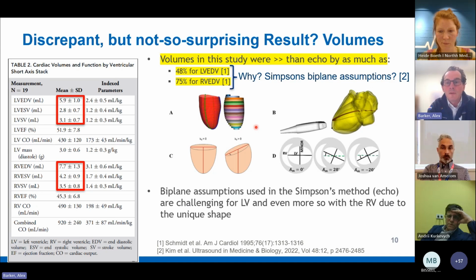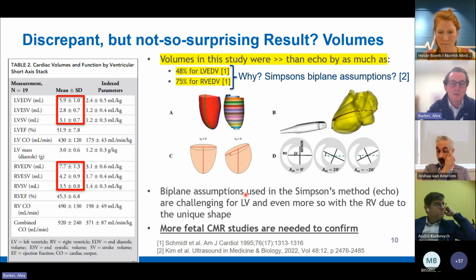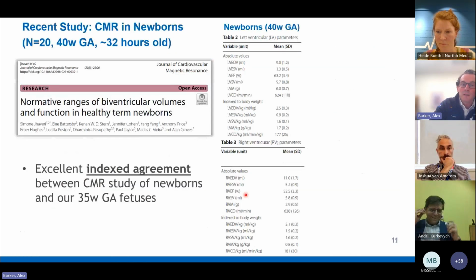This is showing some of the biplane assumptions used for the Simpson's biplane calculation for volume. And you can appreciate foreshortening of the apex, assumptions used for the basal slice or major and minor axes when computing the volume. So while we're not completely alarmed because of the next slide that I'm going to show, I think we do want to confirm some of these results with more multi-center studies.